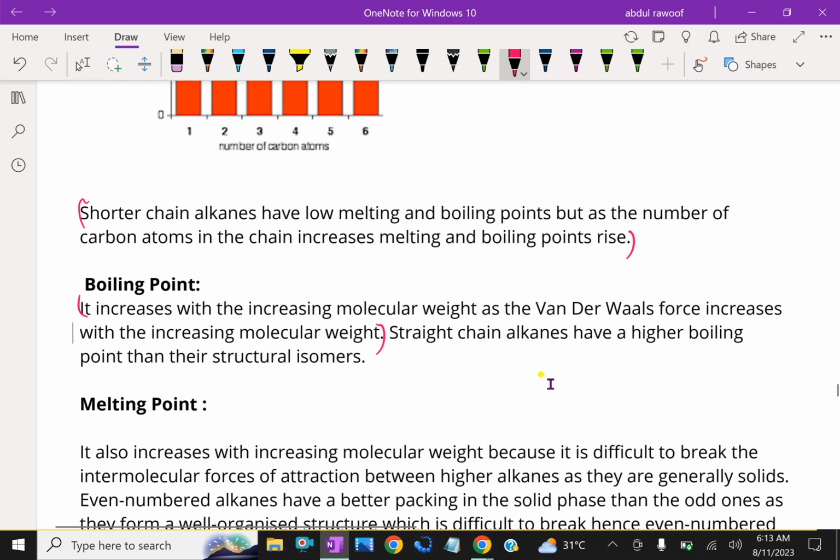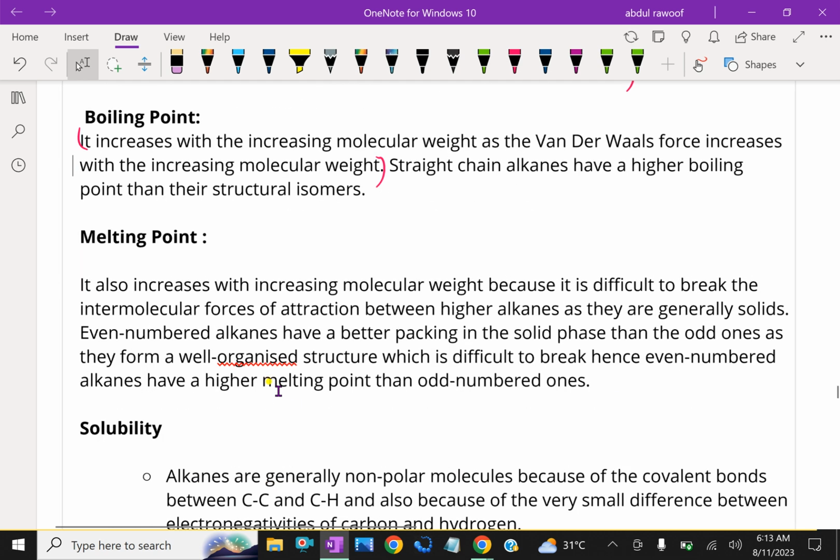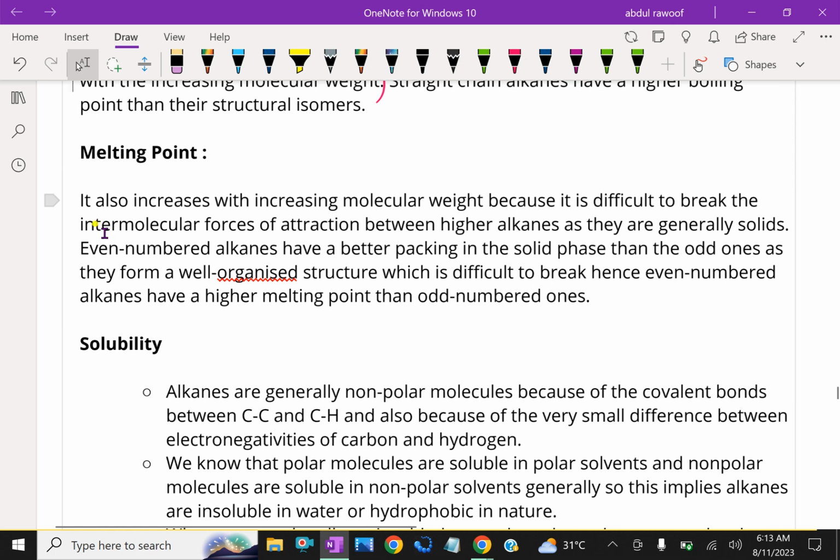Straight chain alkanes have a higher boiling point than their structural isomers. Melting point also increases with increasing molecular weight because it is difficult to break the intermolecular forces of attraction between higher alkanes, as they are generally solids. Even numbered alkanes have better packing in the solid phase than the odd ones.